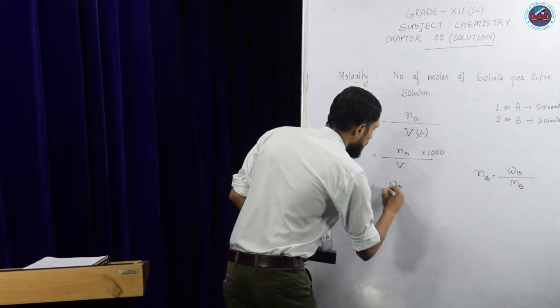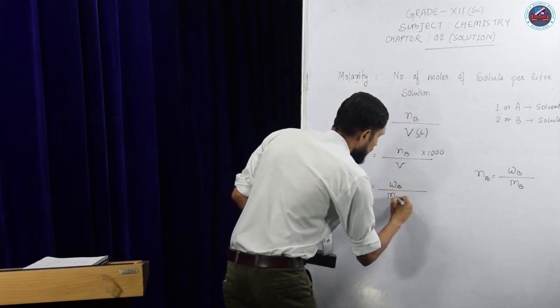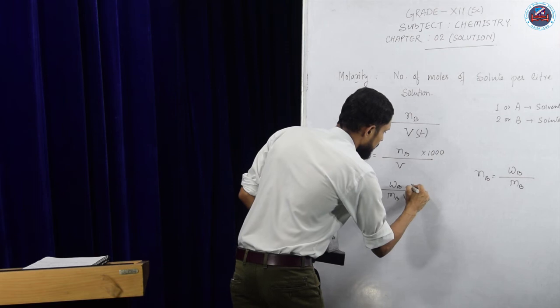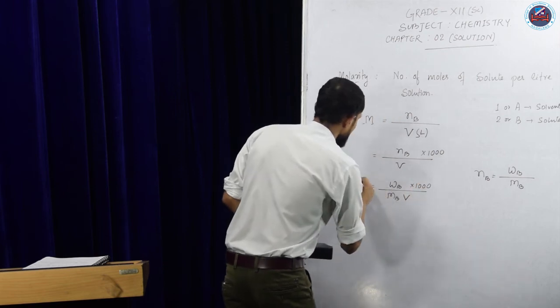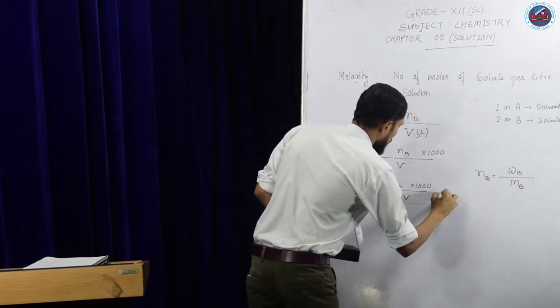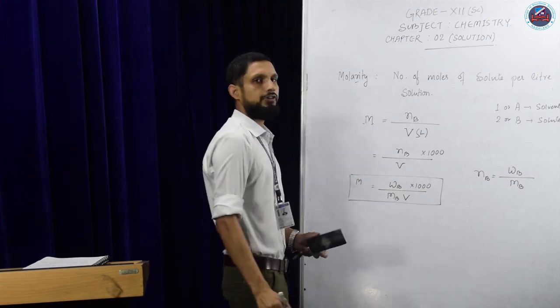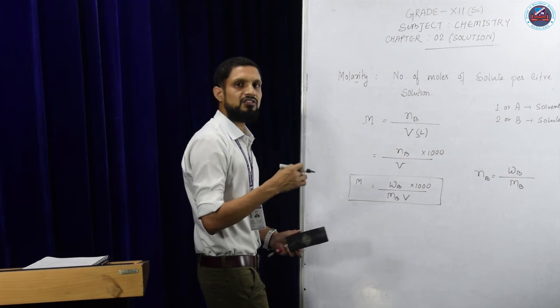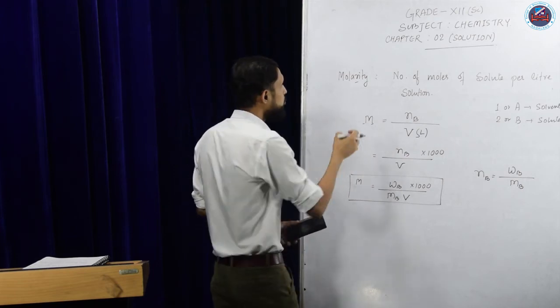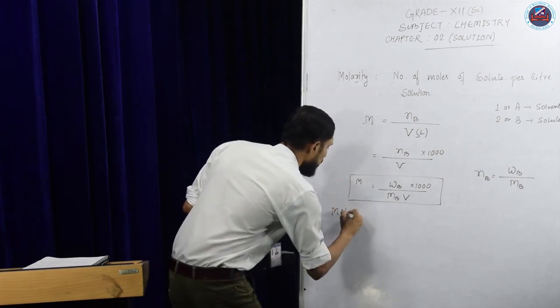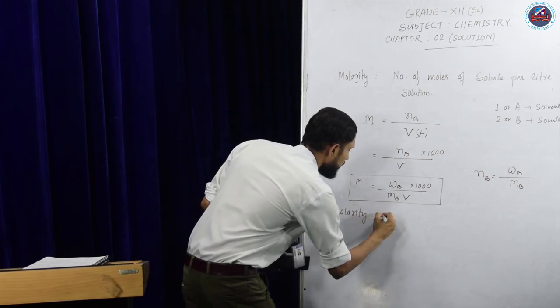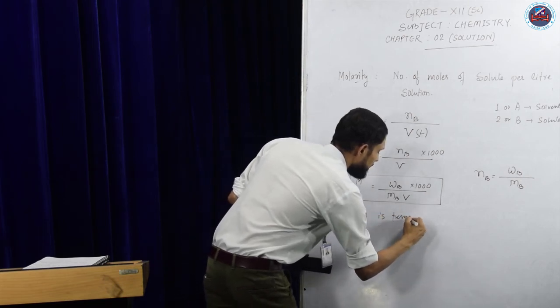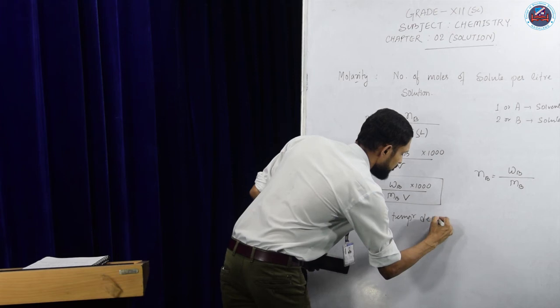So you'll get WB by MB multiplied by V. So this is the formula of molarity. Now here, V is volume, which is temperature dependent. So therefore, molarity is temperature dependent.